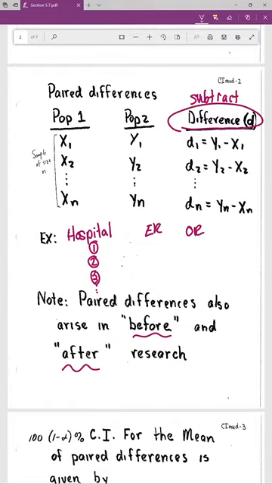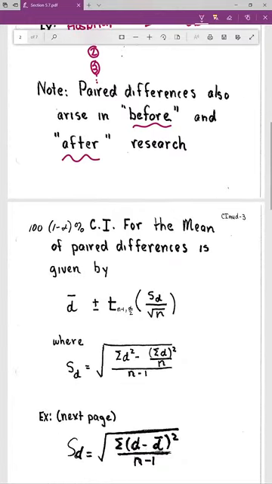And so it would make sense to pair the number of patients in the ER and OR by their hospital. It wouldn't necessarily make sense to compare the number of patients in the ER at hospital 1 and the number of patients in the OR in hospital 3. So we still have that natural pairing, but it's not necessarily before and after. But that before and after situation is definitely the most common scenario that we see.